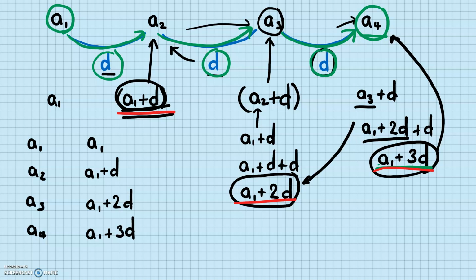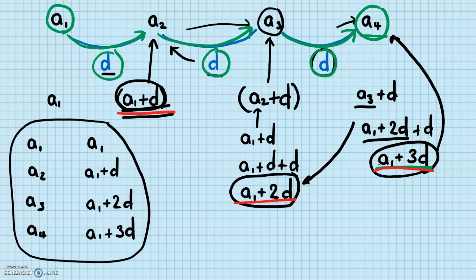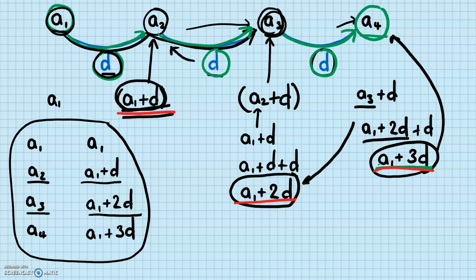And you can also see this graphically. So to get a sub 2, we just did a sub 1 plus D. To get a sub 3, we did a sub 1 plus D and then another D, so plus 2D. And then like I showed before, to get a sub 4, I went from a sub 1 and added D 3 times.